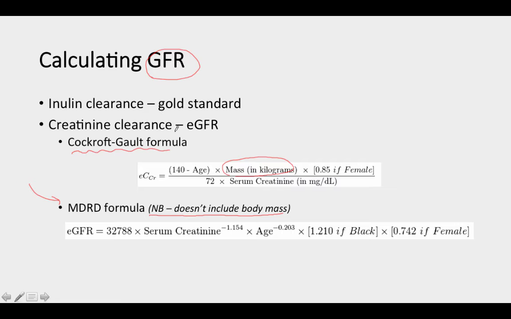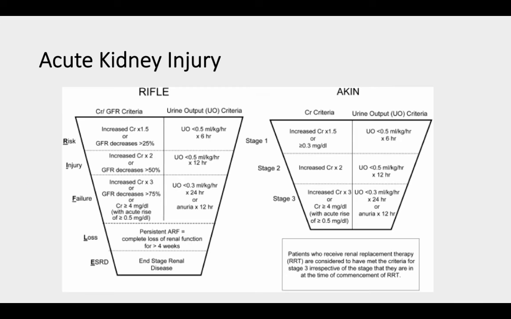So we use creatinine clearance, and rather than measuring urinary concentration of creatinine and urinary flow rate, we have two formulas. One includes body mass, one doesn't. We use the one that doesn't, and that's called MDRD. Hope that makes sense. I bring it up in such great detail because they do like to ask about this.